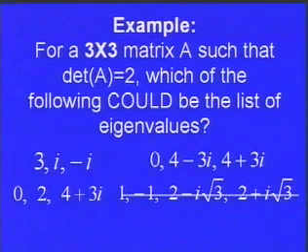All right, then just moving backwards, the 0, the 2, and 4 plus 3i. Even if you don't make any other connections there, 4 plus 3i can't be present without 4 minus 3i, because I have to have conjugate pairs, so I can throw that one out. The other significant piece of information was that the determinant of A was equal to 2.